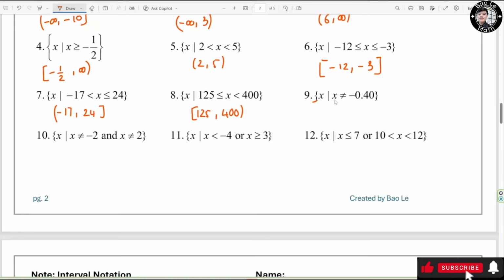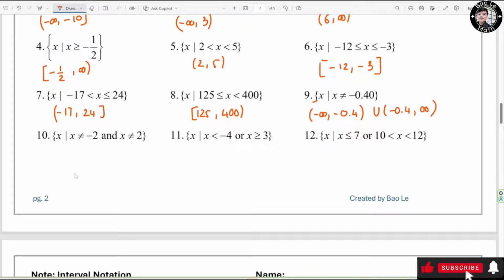Number 9, s not equal to negative 0.4. So you should put this one as negative infinity, comma, negative 0.4, union, negative 0.4 to infinity.